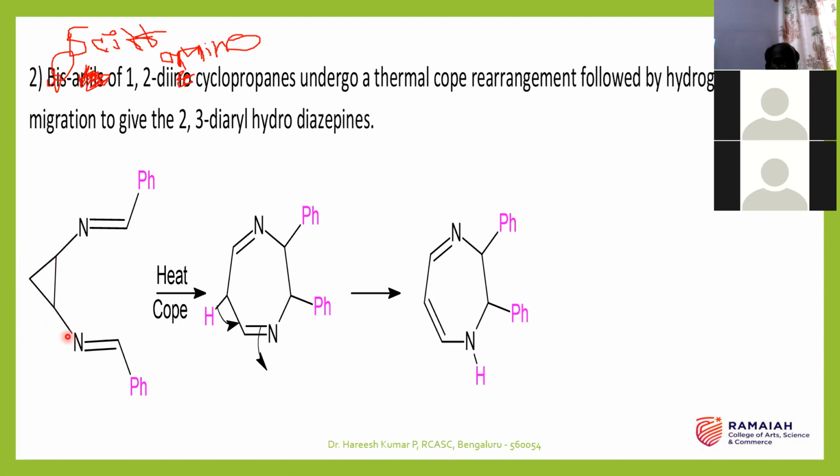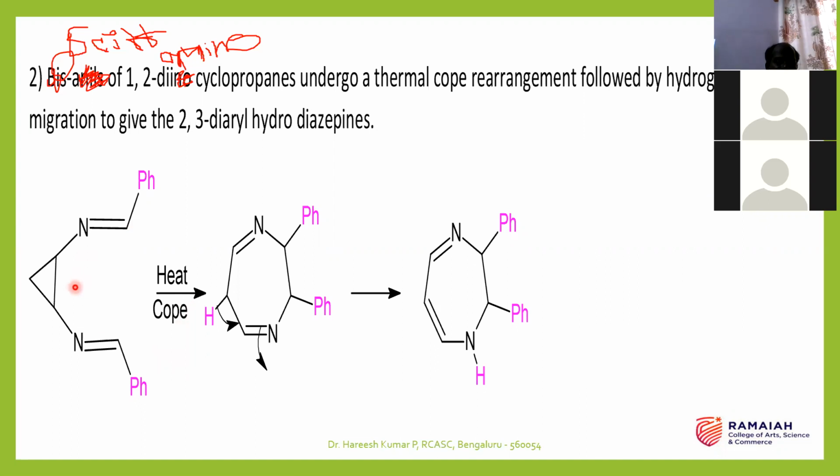That means 1,2-diaminocyclopropane. When it is treated with benzaldehyde, it gives a Schiff base like this. I know you know that on heating, it's a Cope rearrangement. I think you came across it in pericyclic reactions.